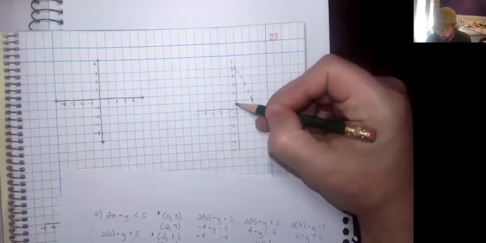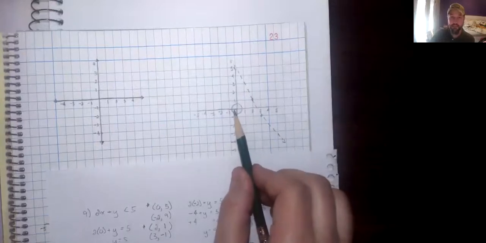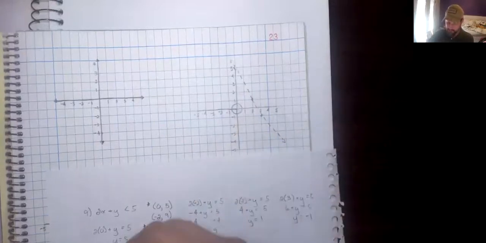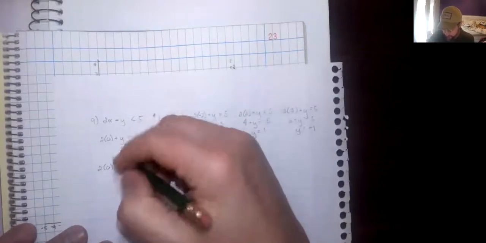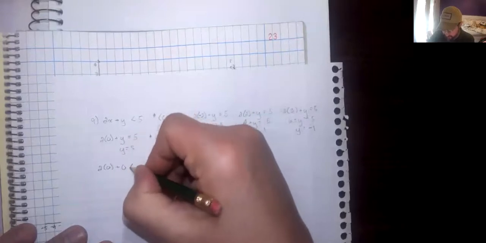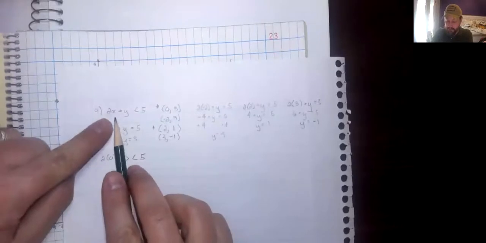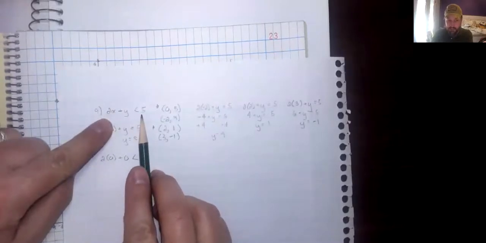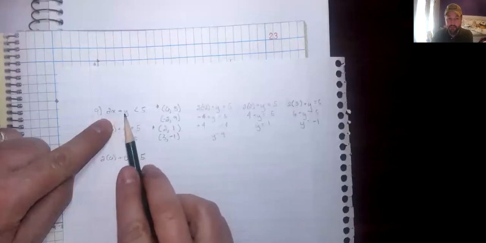My go-to, obviously, is always the origin. If the line does not pass through the origin, I choose it because it's a 0 and a 0. So what happens is I check. If I choose the origin and plug it into my original equation, 2x plus y less than 5, I'm saying, okay, what happens with the origin, 0, 0?